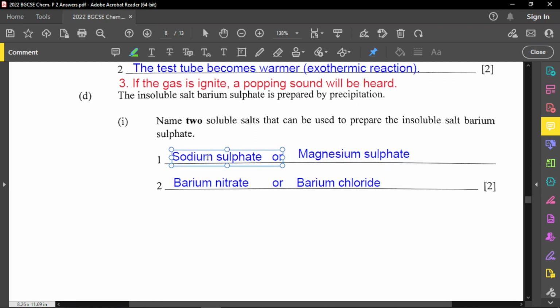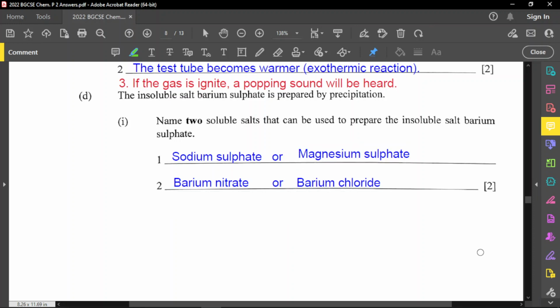For the barium part, you can use barium nitrate or barium chloride. So the top one will give you the sulfate part, and the bottom one will give you the barium part.